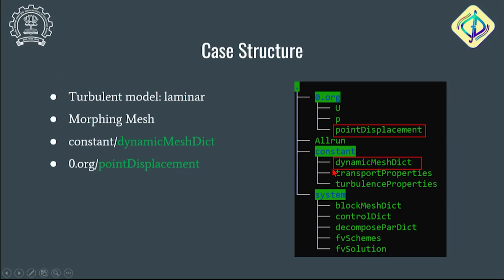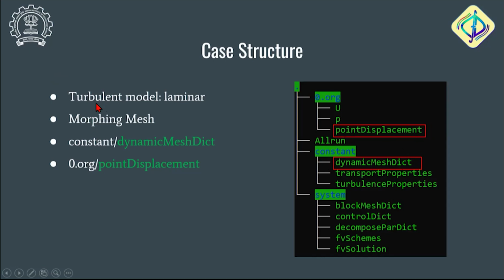In the dynamicMeshDict, we will assign which solvers we use for dynamic meshing, and the parameters of our motion will be assigned in the point displacement file.